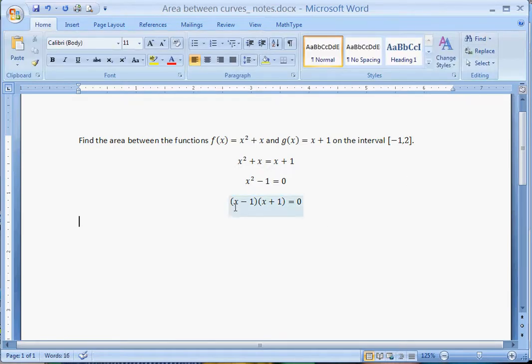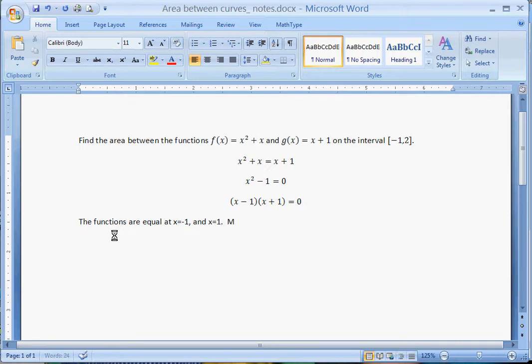Now this is 0 when x equals 1. This is 0 when x equals -1, so this equation is true when the functions are equal. So the functions are equal at x equals -1 and x equals 1.